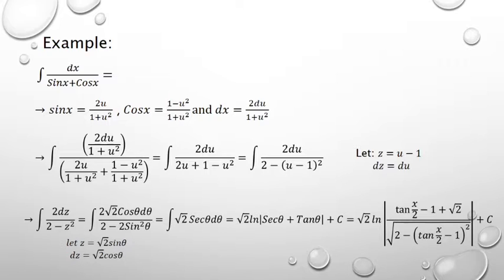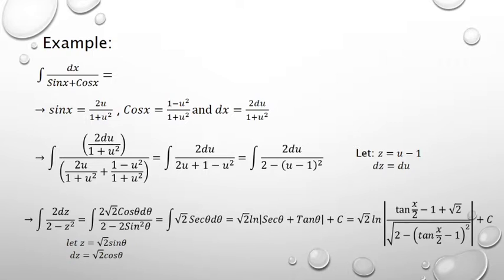Let's take a look at an example. The example that we choose is the integral of dx over sine x plus cosine x. Now, after substituting sine x with 2u over 1 plus u squared, cosine x with 1 minus u squared over 1 plus u squared, dx with 2 du over 1 plus u squared, and tangent of x over 2 with u, we get the integral of 2 du over 2 minus (u minus 1) squared.